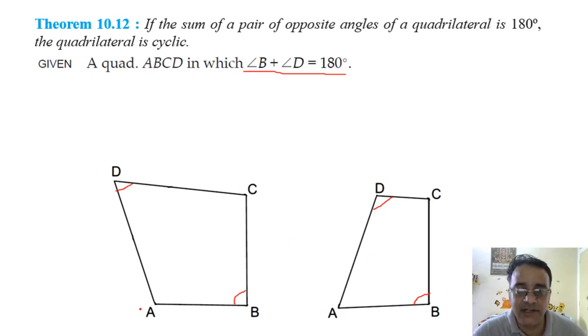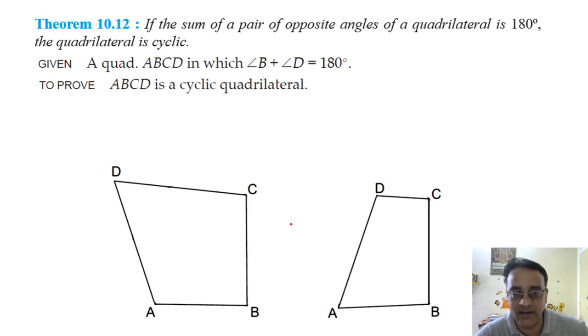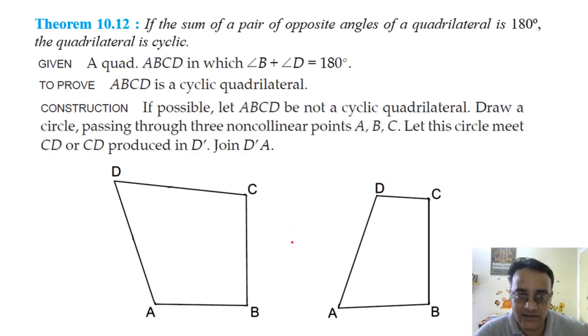So जैसे हम लोग 10.10 थ्योरम प्रूफ किए थे वैसे ये प्रूफ करेंगे. Let A, B, C be non-collinear points. So one circle passes through these 3 points. That is confirmed. And what we have to show is that D also passes through the circle. Clear hai?